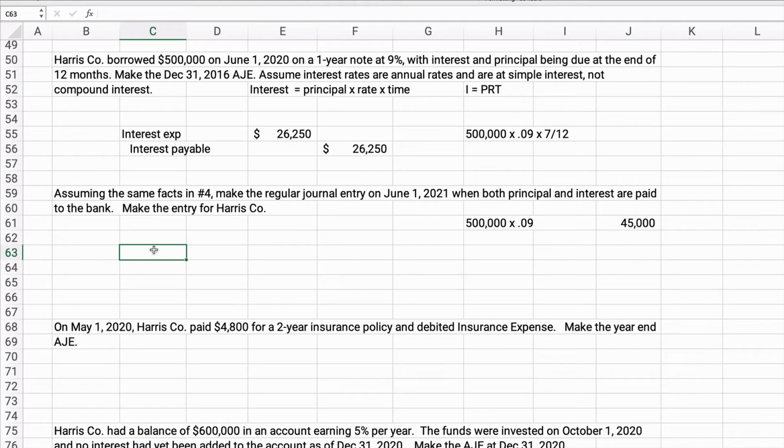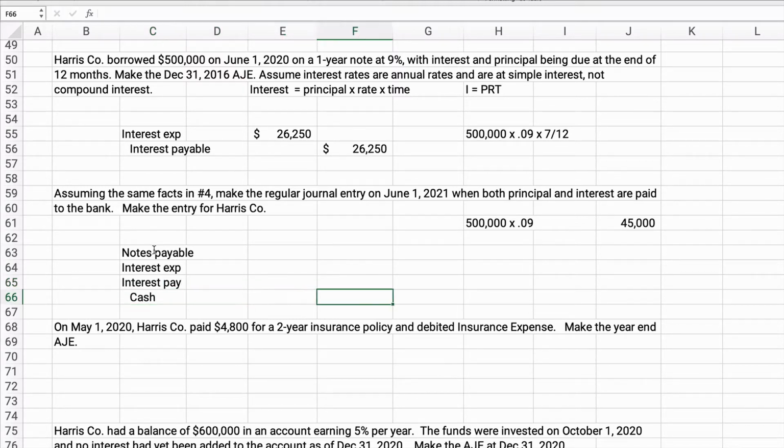So if you're Harris, what are you going to pay? You received 500,000, and you're going to pay back 500,000 plus 45,000. So we're going to debit notes payable, debit interest expense, debit interest payable, and credit cash.